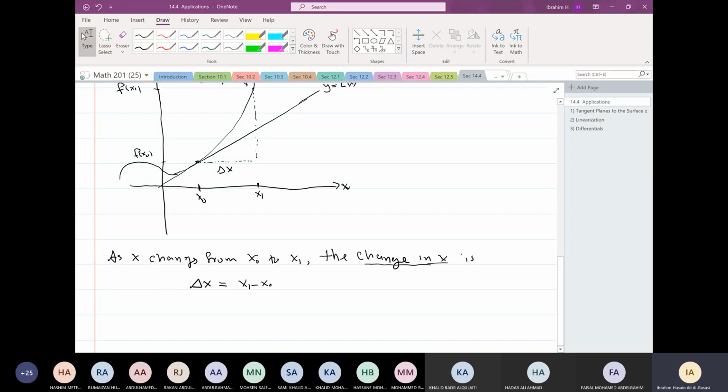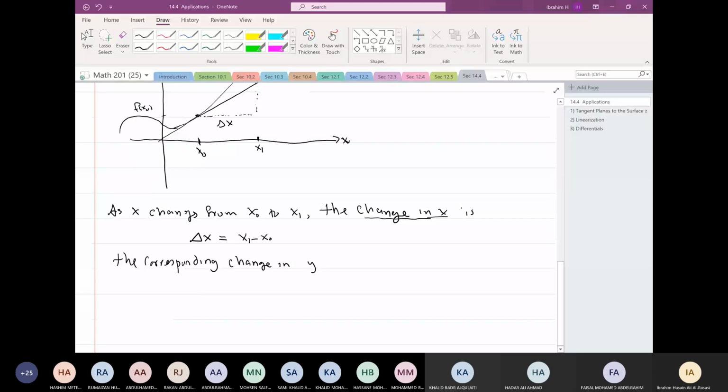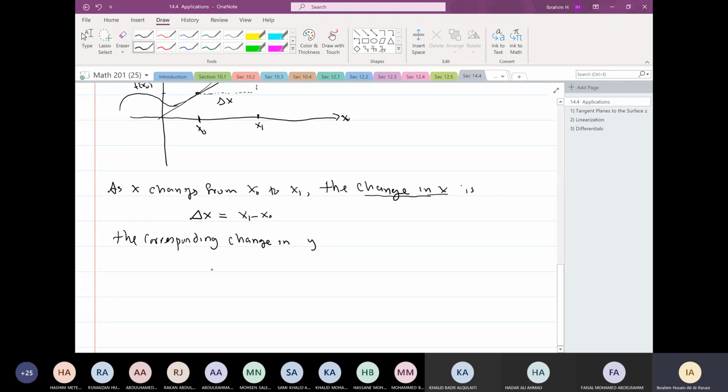For this change, there is a corresponding change in y along the curve y equals f of x. So move now along the curve. What is the corresponding change in y? Again, change in y, the notation is delta y.